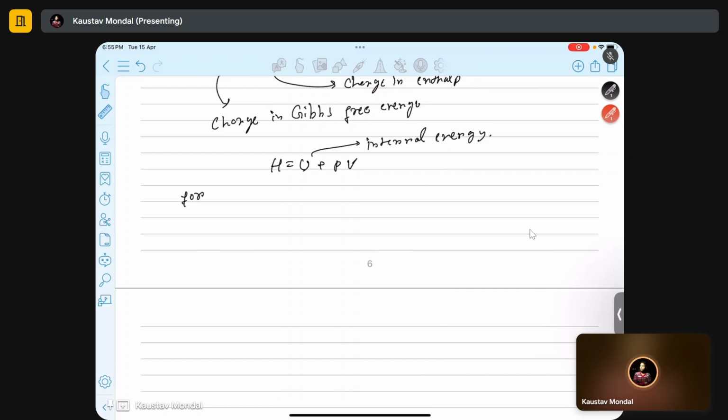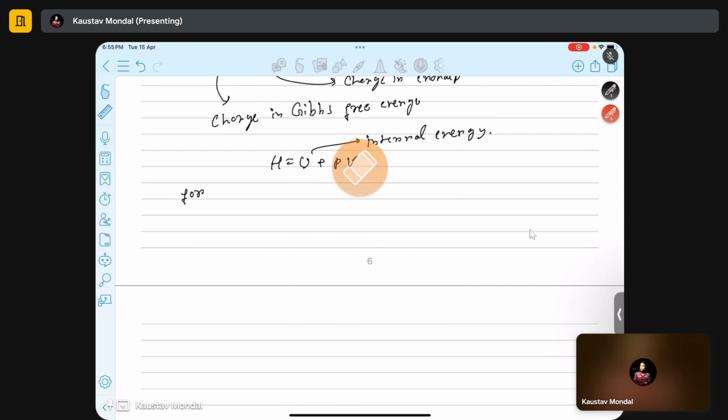So for an ideal gas, U is basically n Cv T.